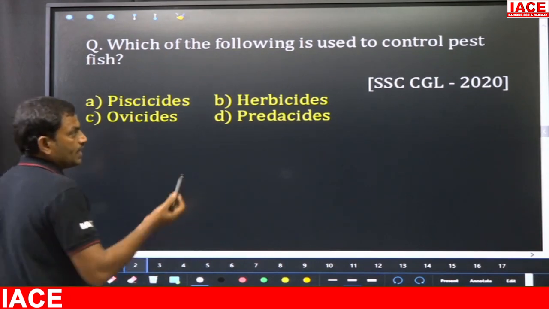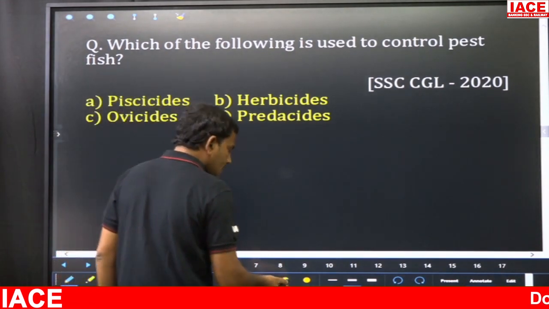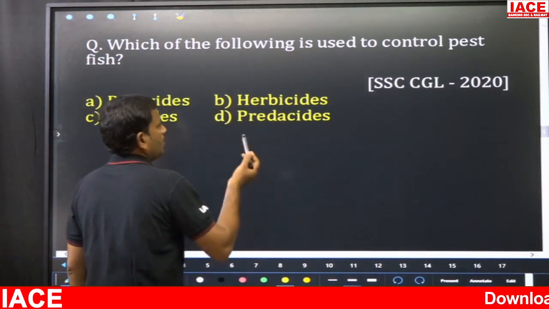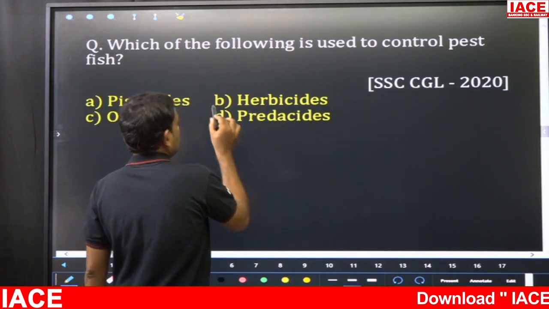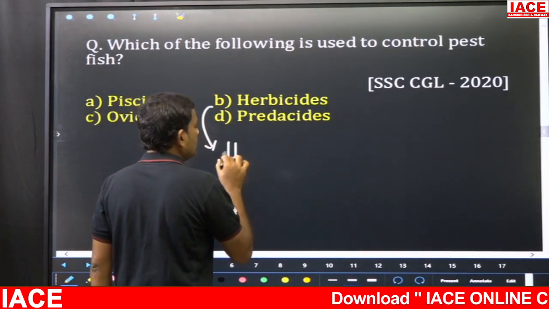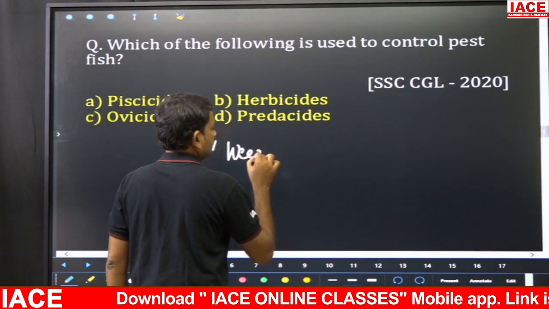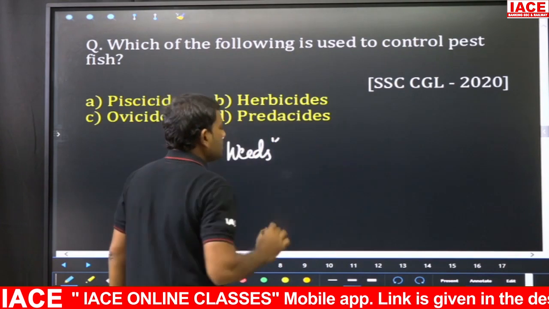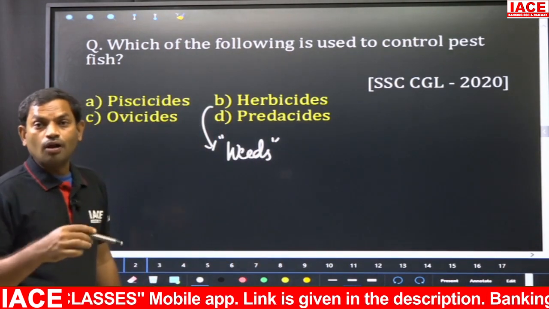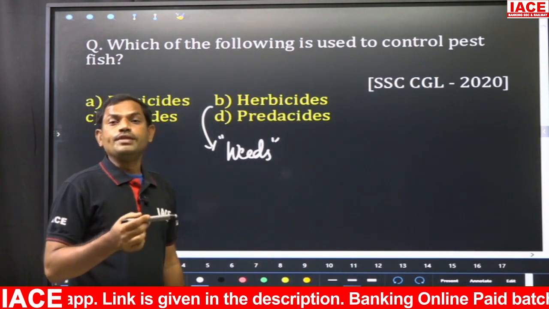first one, if you take the herbicide, the herbicides are nothing but the chemicals that are used to kill certain weeds. So, the weeds are nothing but the undesirable or unwanted plants that grow along with crop plants.